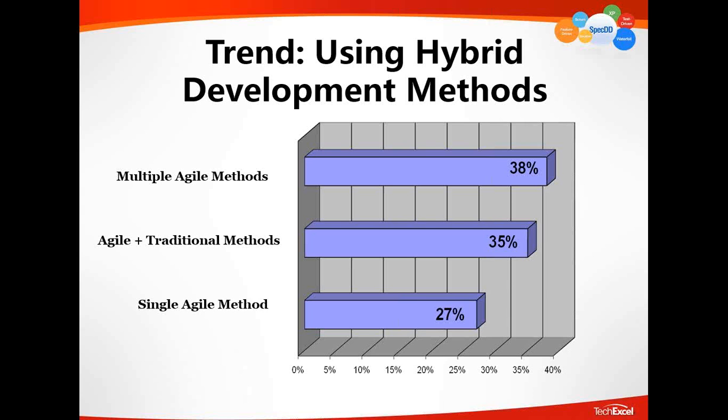And often people mix agile processes by using best practice functions from multiple methods, from Scrum, from XP.